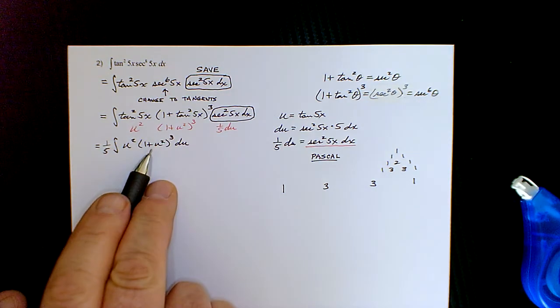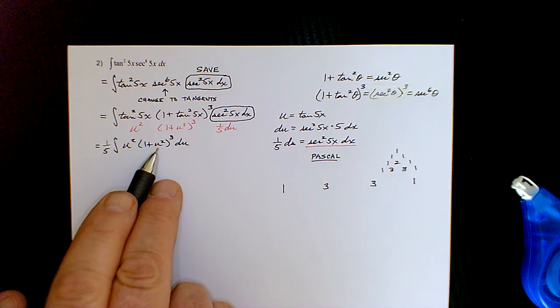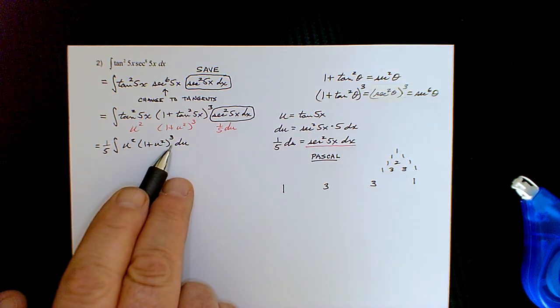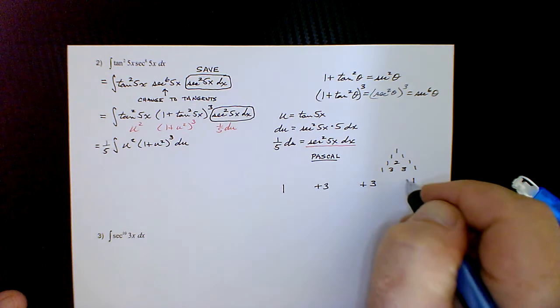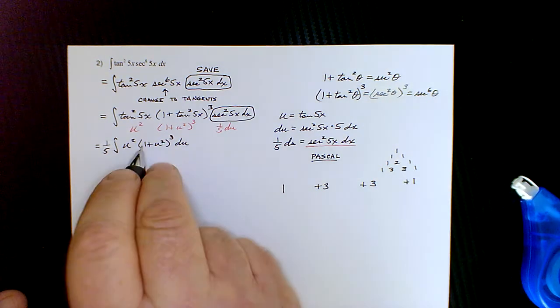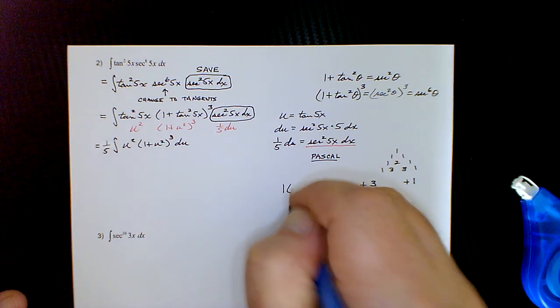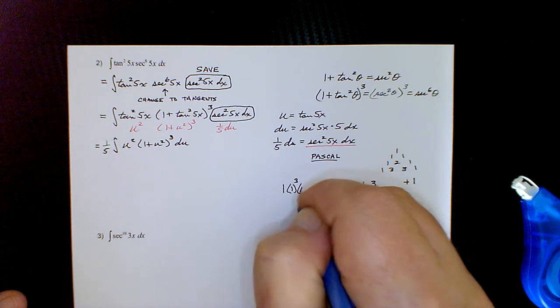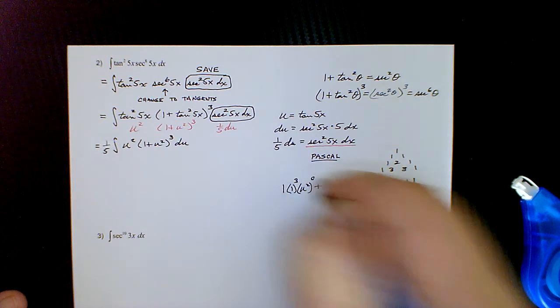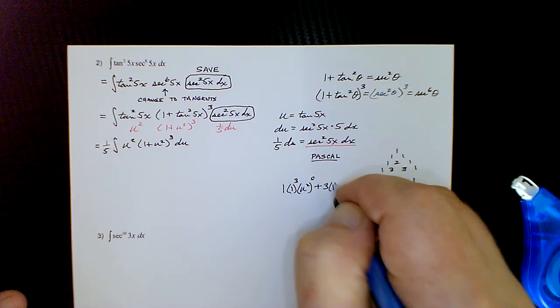Okay, here all the terms are going to be positive because this is a sum of 2 squares that's being raised to the power. So there's no way to generate a negative, so everything is positive. And we start with the same pattern of the powers. First term 1 to the 3rd, second term u squared to the 0. Then decrease and increase.